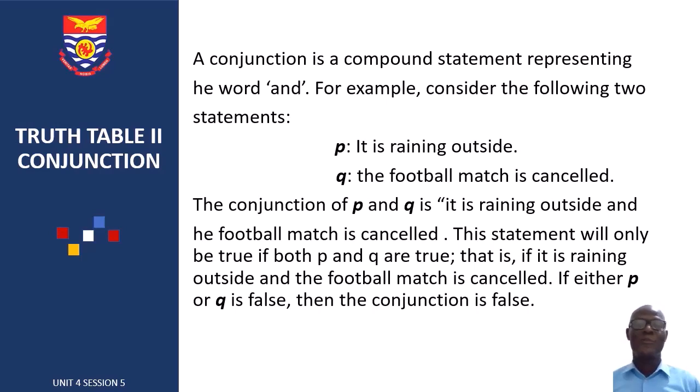Then the two simple statements can be combined using the word and, which means Kofi is a student and Kofi is in Form 3. And note that for conjunction, the combined statement is true if and only if the two statements are true.